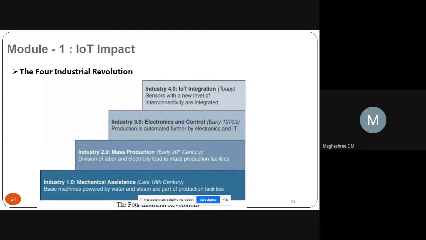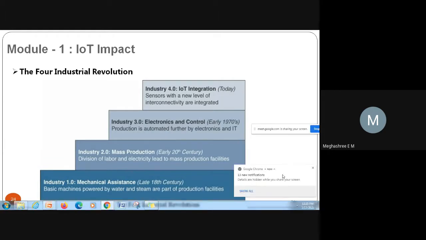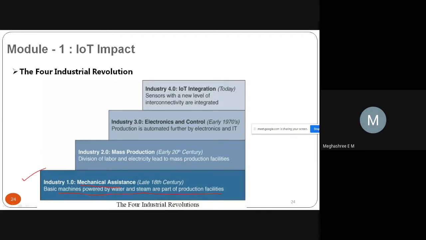The first one: in the late 18th century, the first industrial revolution started, where mechanical assistance was used. That means basic machines powered by water and steam became part of the production facilities. This is the first revolution in the industry.